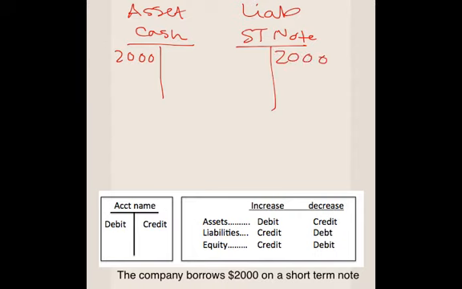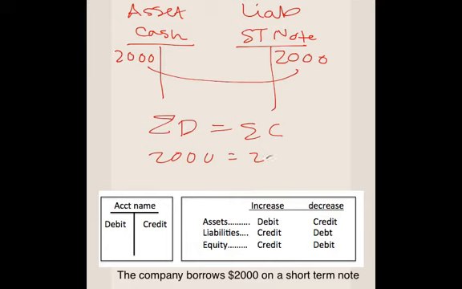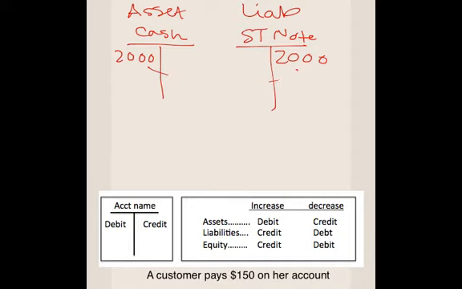And you notice also that this number is equal to that number. The sum of the debits is equal to the sum of the credits. $2,000 is equal to $2,000. That seems a little bit silly, because of course that would be that way. But that's what we need to always remember, that we have these things balance out when we're making entries.